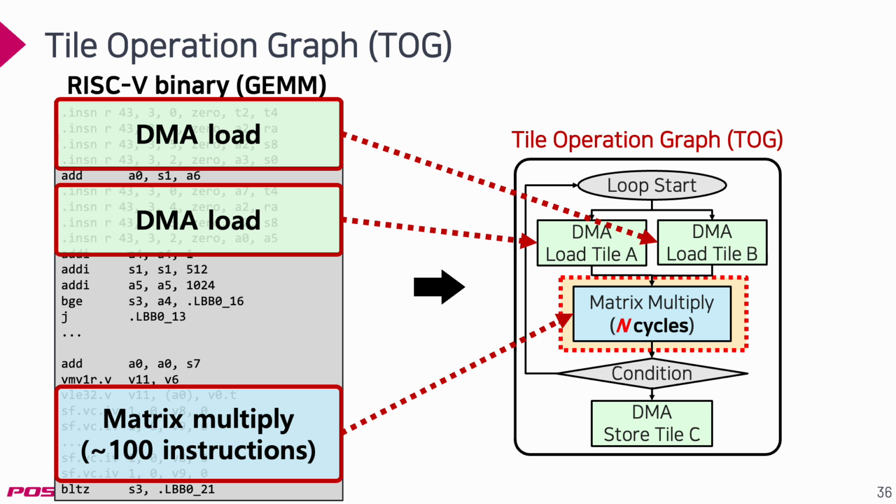And we can have edges denoting the dependencies between different operations. So if we obtain the compute latency offline, we can reuse it over and over again in order to achieve high simulation speed. And the tile operation graph can include other things like the beginning and end of the loop, as well as the condition to check the number of iterations needed for the AI model.